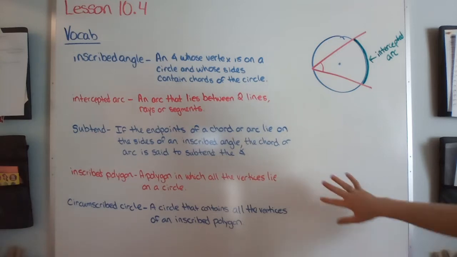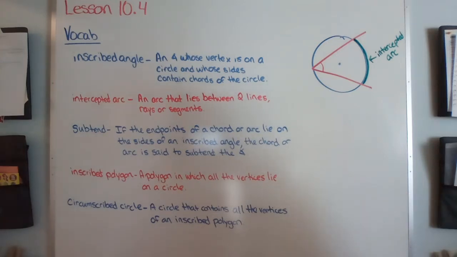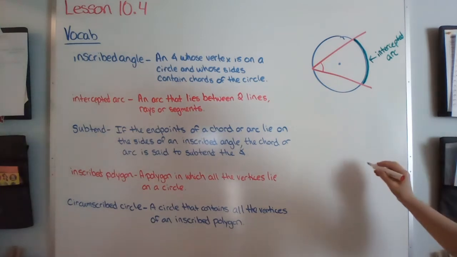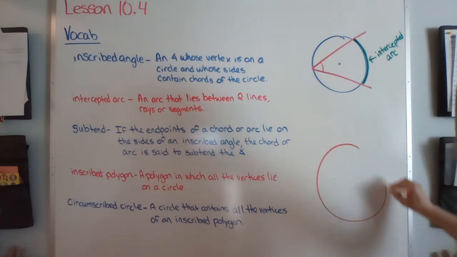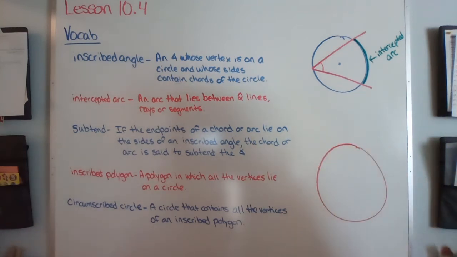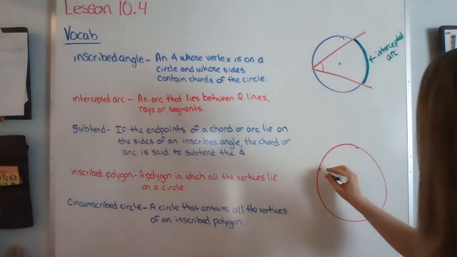Moving on, we have an inscribed polygon, a polygon in which all the vertices lie on the circle. So if I was to draw a circle, and then let's say we have a polygon whose vertices are all on the circle.